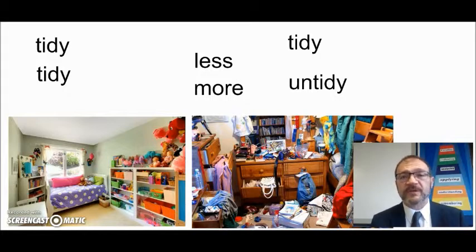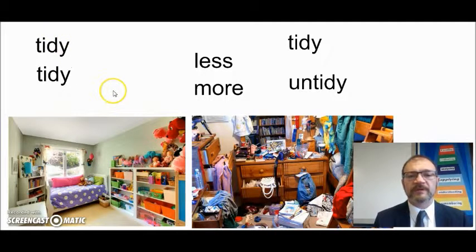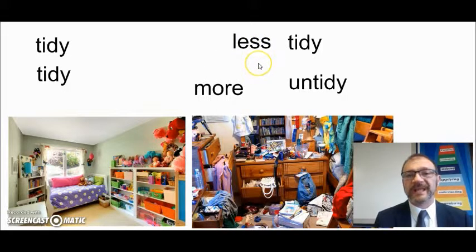Not all adjectives can be modified in the same way. So here we have an example of two bedrooms. I hope yours doesn't look like the one on the right. You have a tidy bedroom and a less tidy bedroom. Now, if you wanted to stick with using the word tidy, if you didn't want to use the word untidy, then you could describe the bedroom on the right as less tidy.